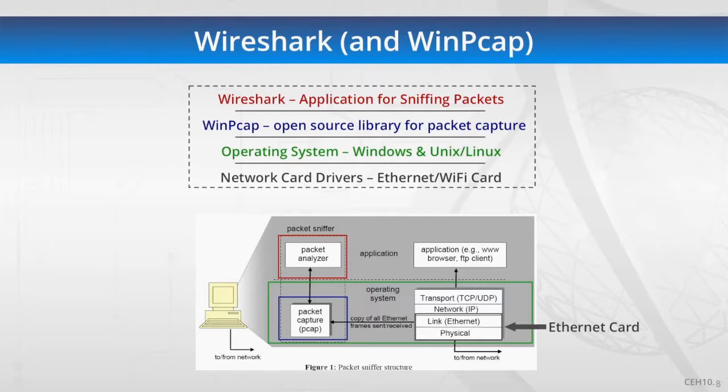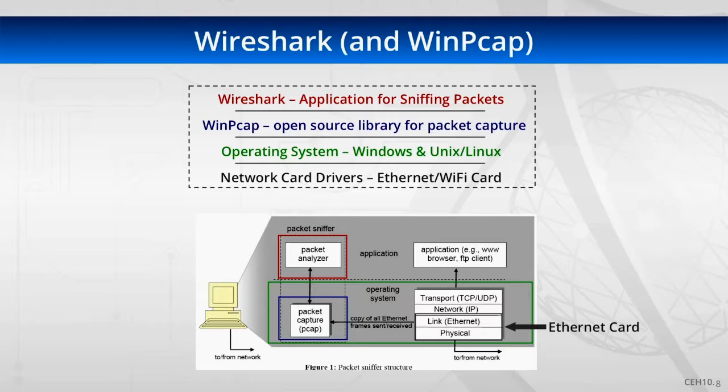Now down below in the diagram, what you see is you've got a packet analyzer. That's Wireshark. That could be anything. Below that, you've got the packet capturing tool, the PCAP, and that's inside the green box and inside the blue box. That gives you a copy of all Ethernet frames from the network operating system.